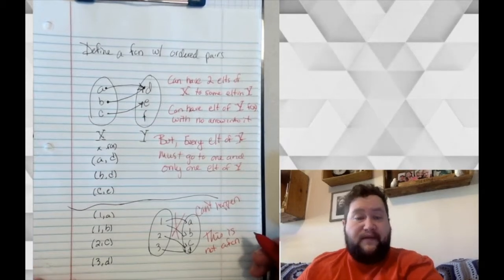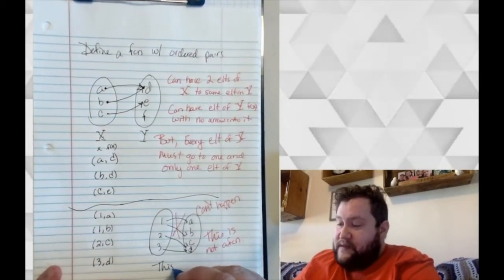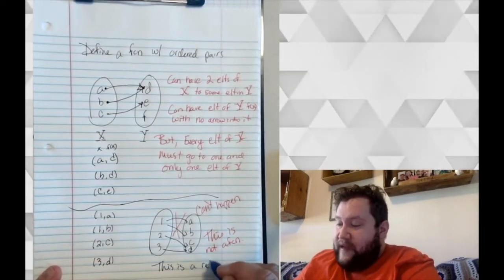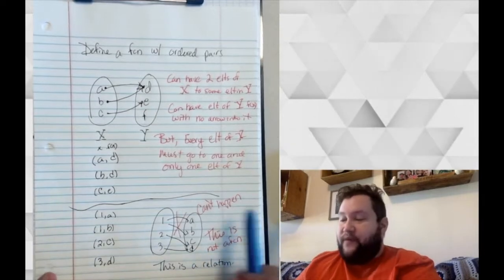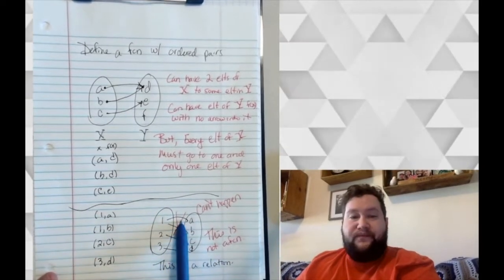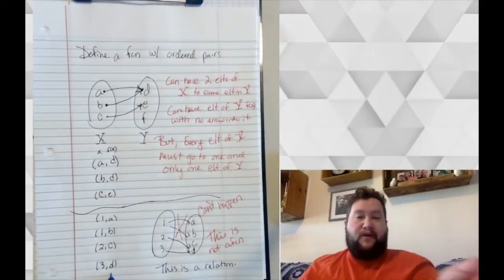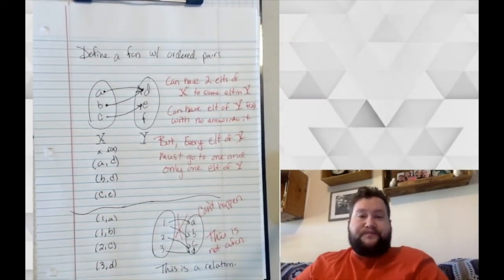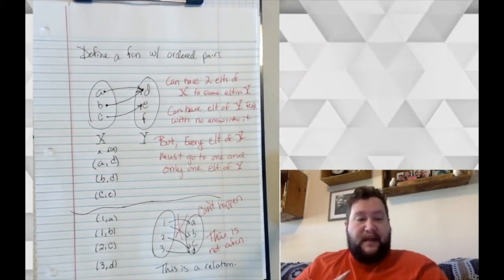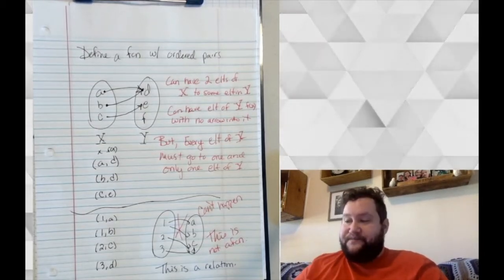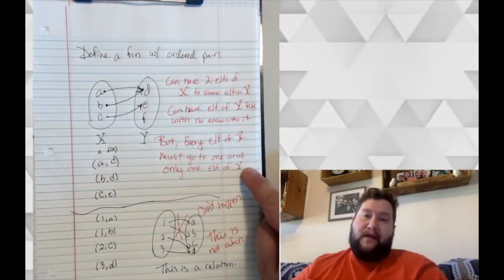It does, however, have a name. This is a relation. So a relation is any rule that maps one set onto another, and that's it. But a function, remember from our definition at the beginning, assigns each element of x to one and only one element of y.